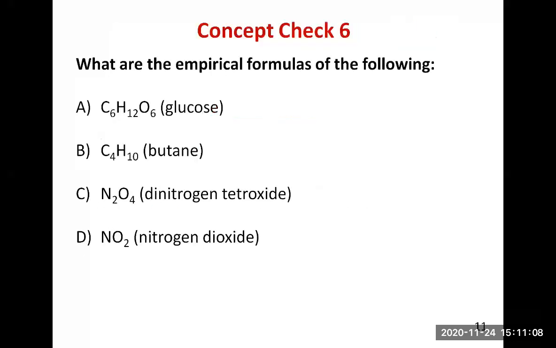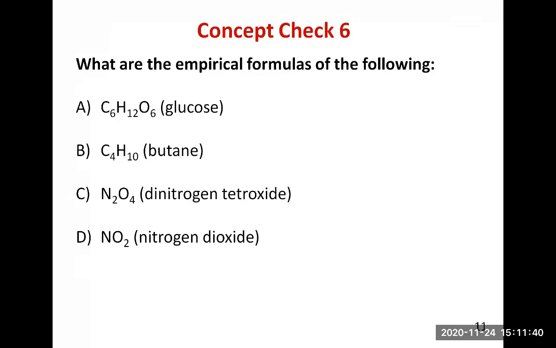So let's go through this concept check to make sure you understand what the empirical formula is. So we have these molecular formulas, and we want to find the empirical formulas of these. So glucose, C6H12O6. To find its empirical formula, you want to divide all the subscripts by the same number, and usually you use the smallest subscript.